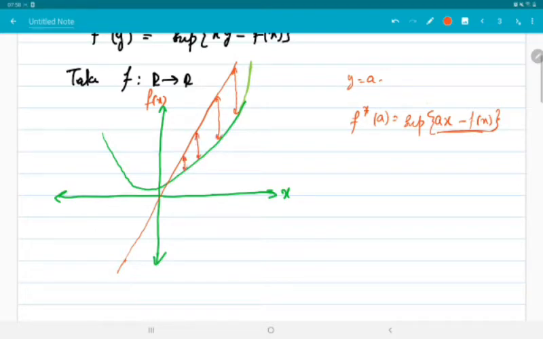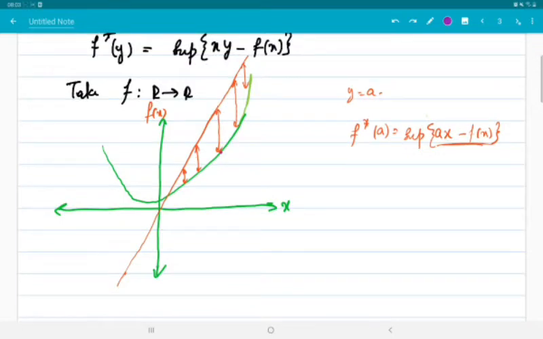Basically this difference is maximum at some point, and it will be lower on both sides, as you can see. It is smaller, getting larger to some point, and then it will keep on decreasing again.